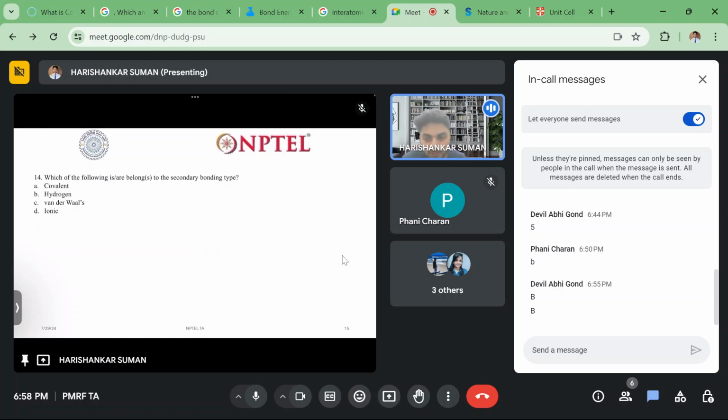Next, which of the following belong to the secondary bonding type? Which type of bond is secondary? Covalent, hydrogen, van der Waals or ionic? Weak bonds. Which one? Okay.